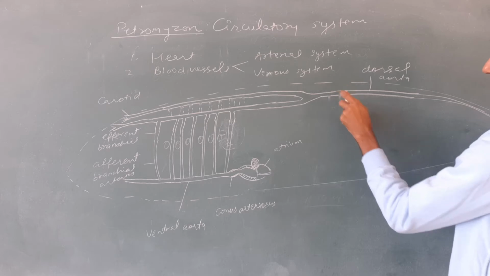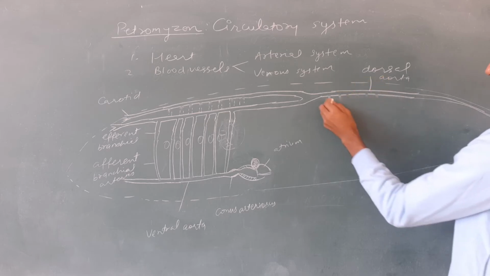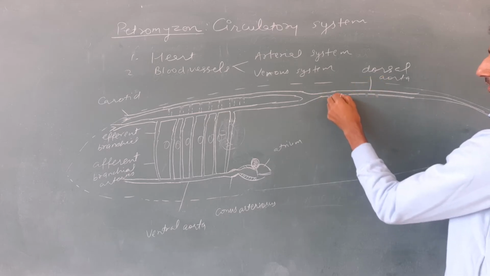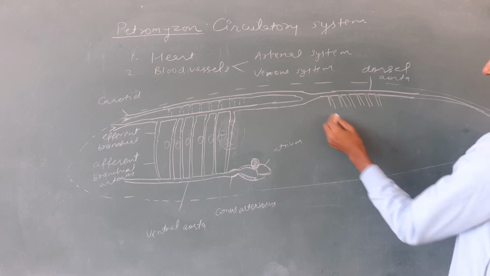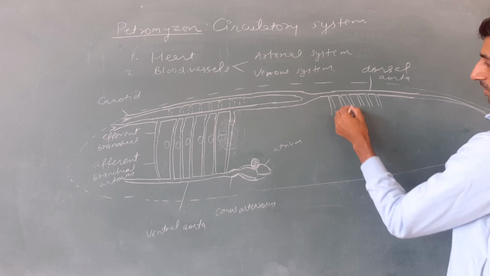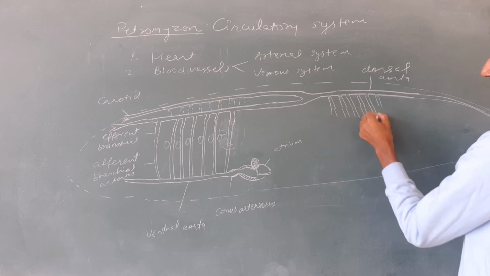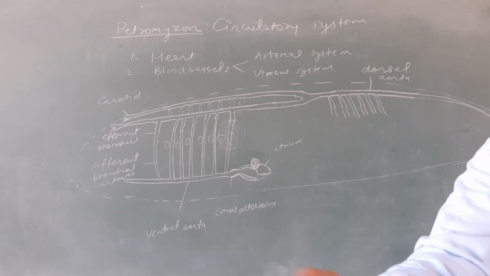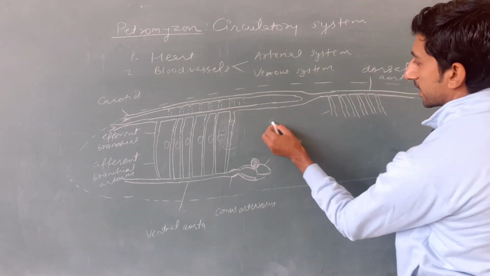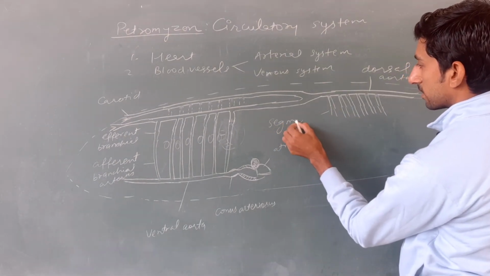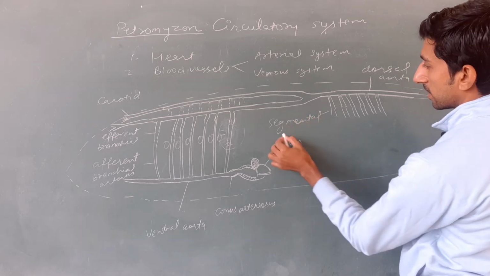From this dorsal aorta arise several branches which supply to the myotomes or muscles of the animal. These are segmental arteries.